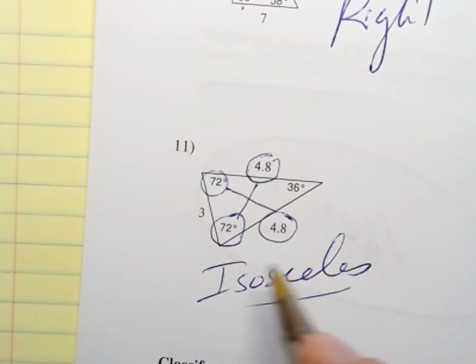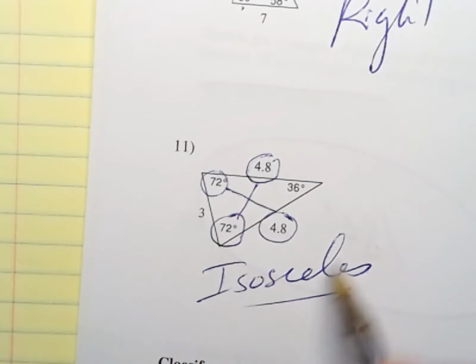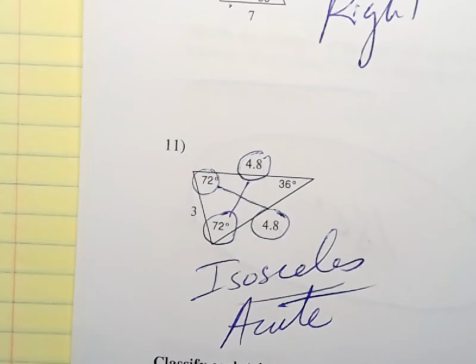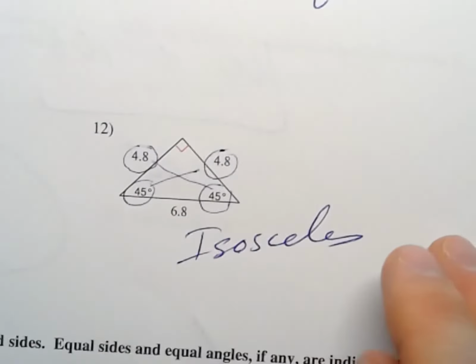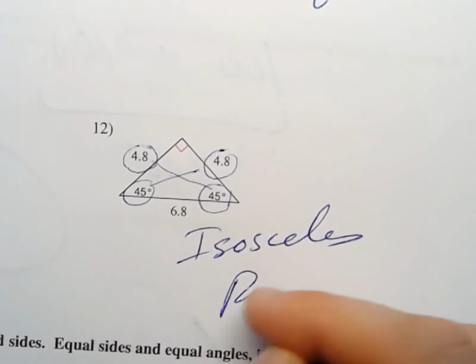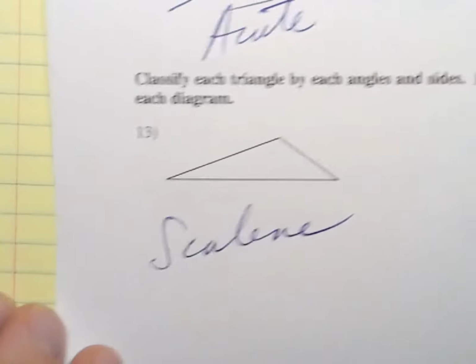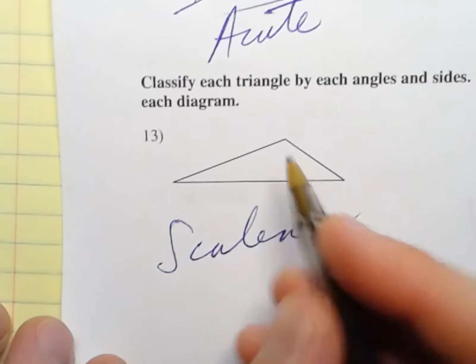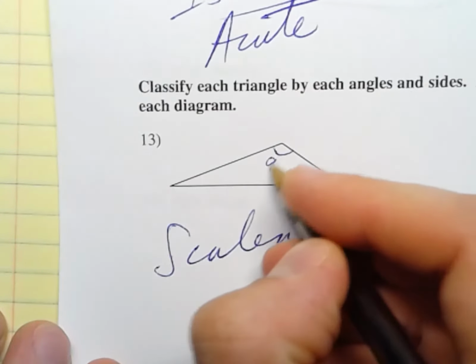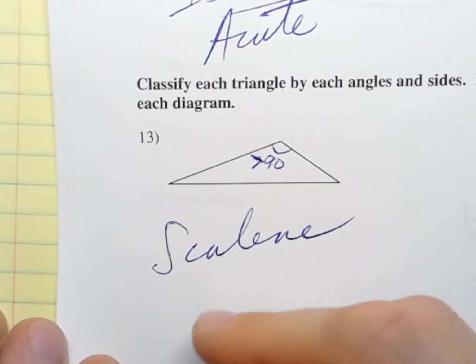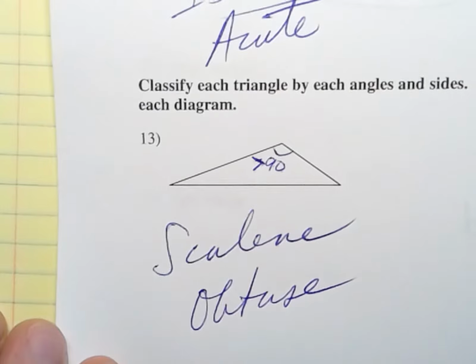Here, it's isosceles, but all of them are less than 90, so this is isosceles acute. There's a right angle, so this is isosceles right. Here, this is scalene. Notice this one here is bigger than 90. So this is a scalene obtuse.